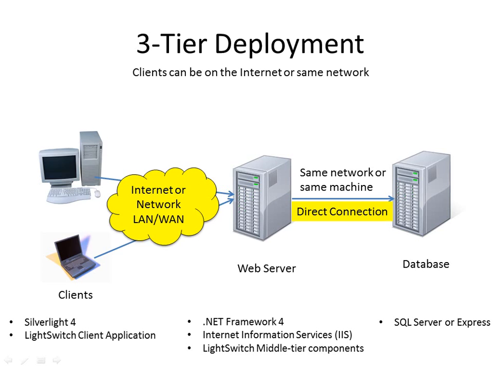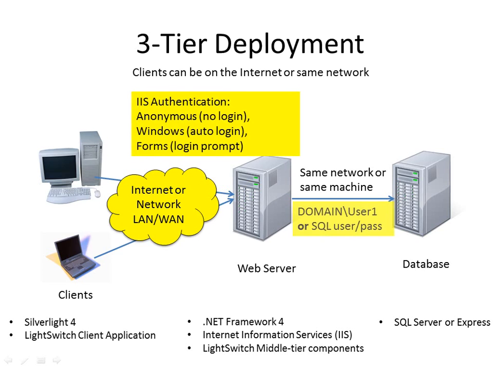We can connect via Windows integrated security, or we can do just like we did before and specify a SQL username and password. From the client side, we don't have a direct connection to the database, so the web server, Internet Information Services, will authenticate users depending on the authentication settings we specified in our application.